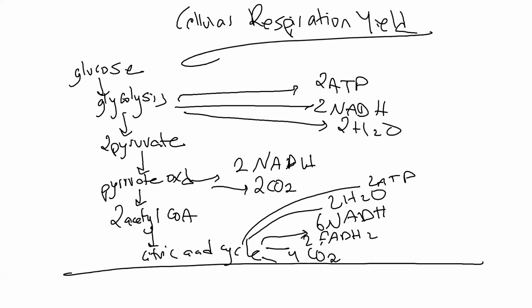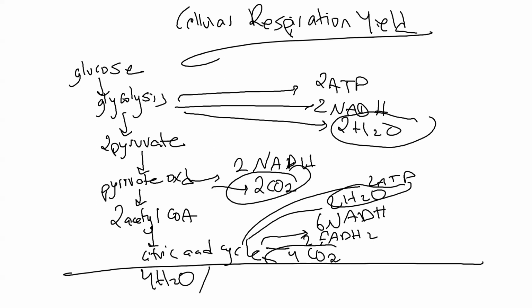So at the end, how many H2O do we have? We have 2 H2O here, 2 H2O here, so 4 H2O as a total from all of this. How many CO2? We have 2 CO2 here, 4 CO2 here, so 6 CO2 as a total.